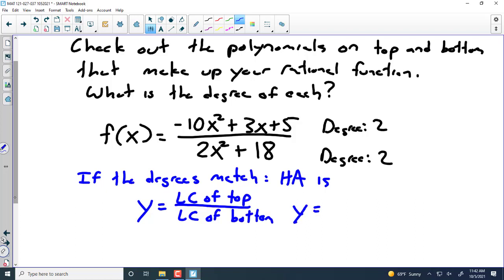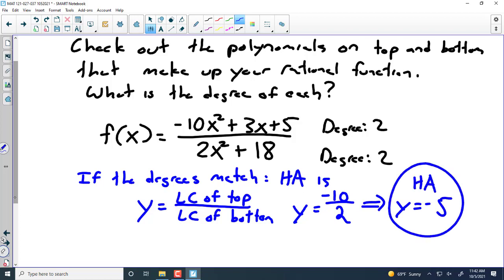What's the leading coefficient on the top? -10. What's the leading coefficient on the bottom? 2. What's -10 divided by 2? That's your horizontal asymptote. You look at the degree on top, you look at the degree on the bottom. If they match, you divide the leading coefficients, and you've got your horizontal asymptote.